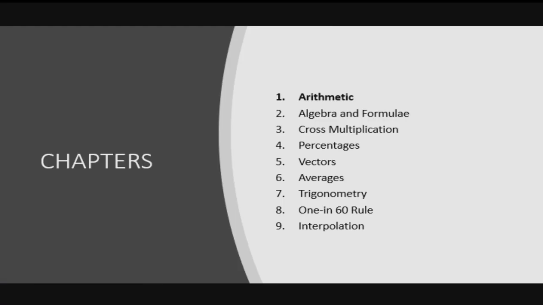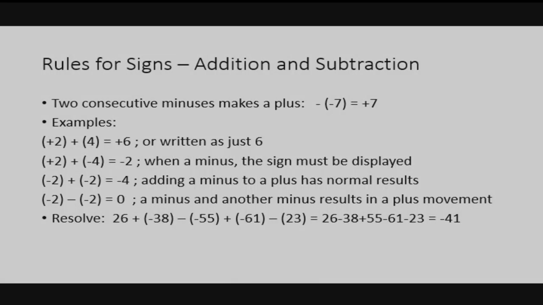You can see at this stage I've got up to 9 different stages, and we're now looking at the first one. Here we're going to look at the rules for signs. In other words, we're talking here about the plus and the minus signs.